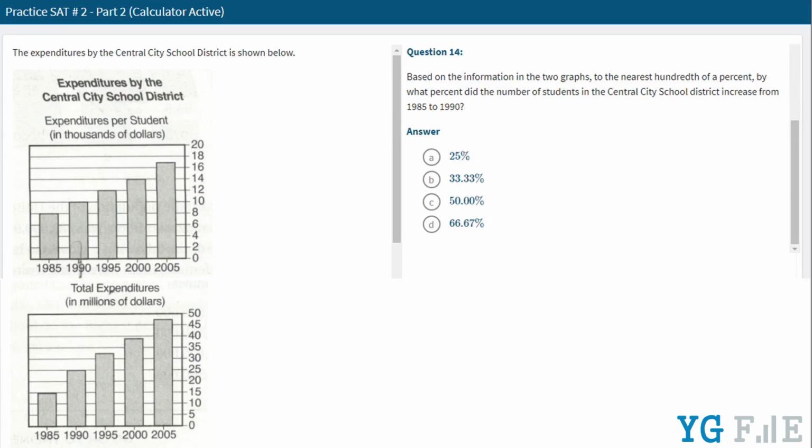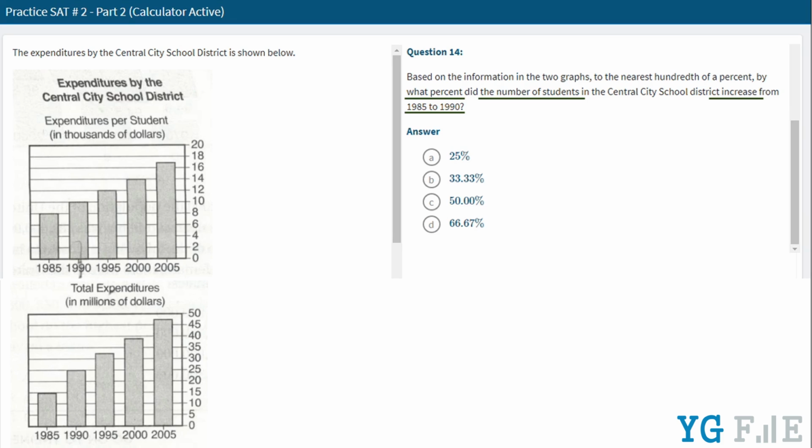Now we can move to the last question. Based on the information in the two graphs, to the nearest hundredth of a percent, by what percent did the number of students in the Central City School District increase from 1985 to 1990? To find the percentage of increase of the number of students, we need to find the number of students in each of those 2 years.